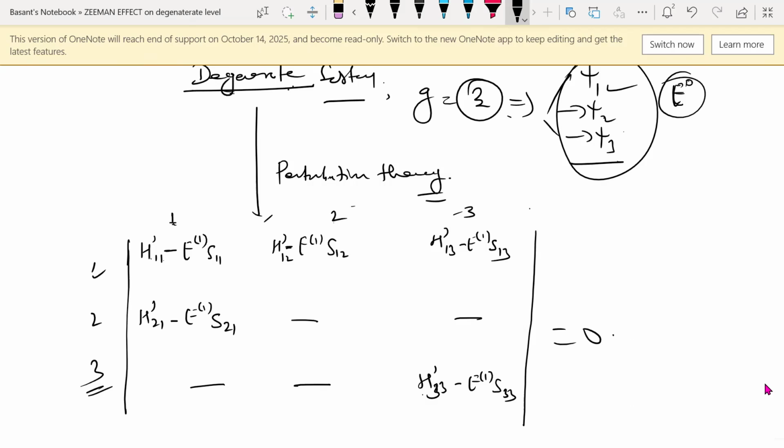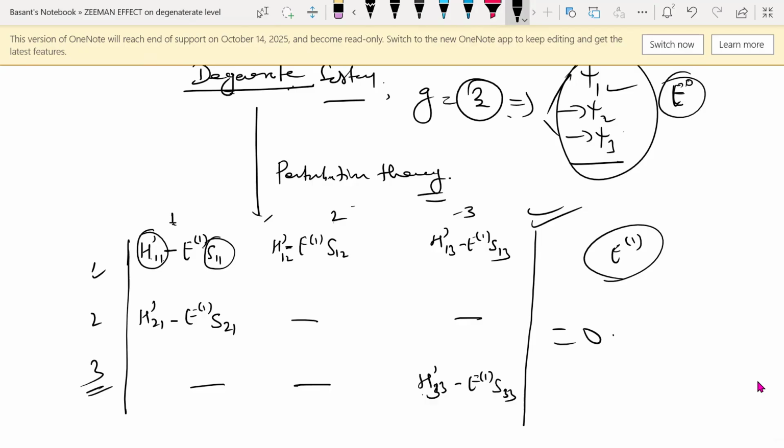This is the secular equation. By solving this determinant by taking the different integrals, we can calculate E1.